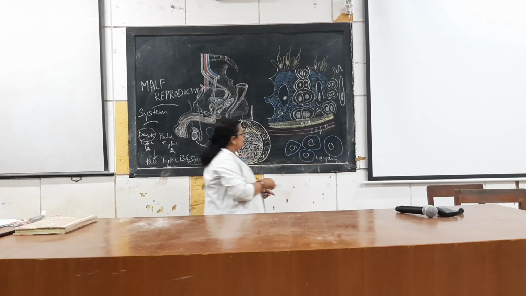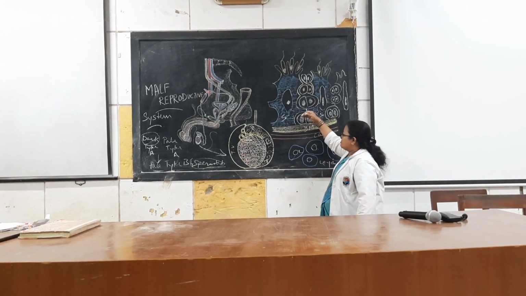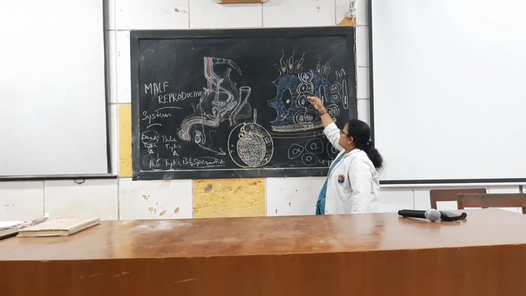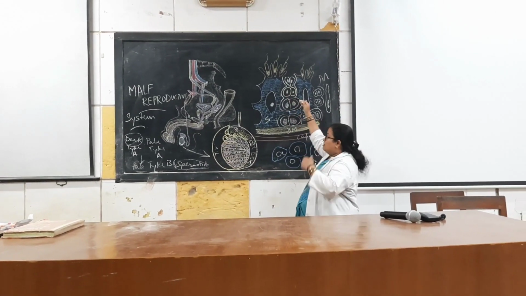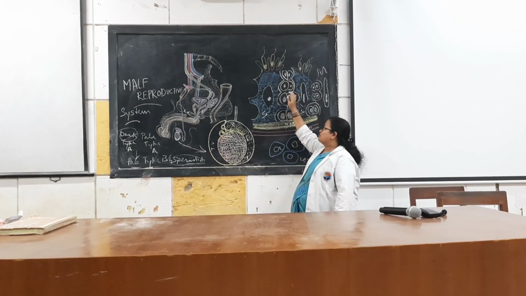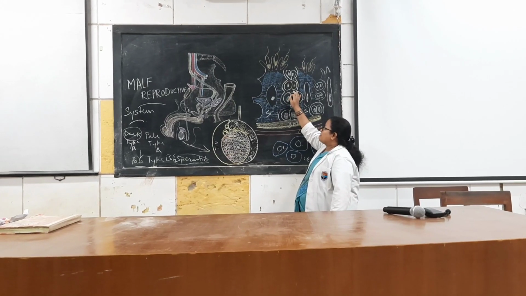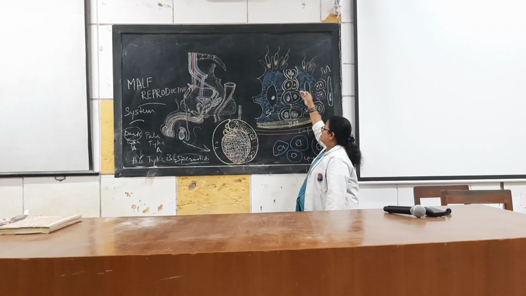So here we see in the basal compartment the spermatogonial cells, and in the adluminal compartment towards the base we find the primary spermatocyte, which is the largest of all the germ cells. It is larger than the spermatogonial cell.